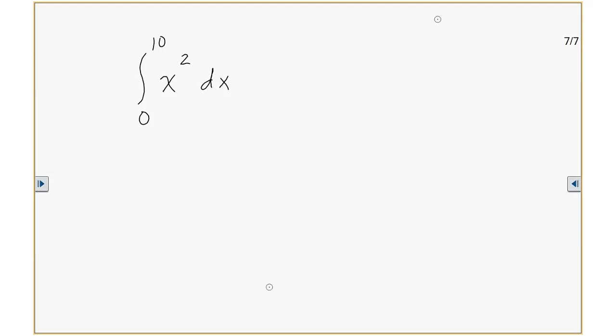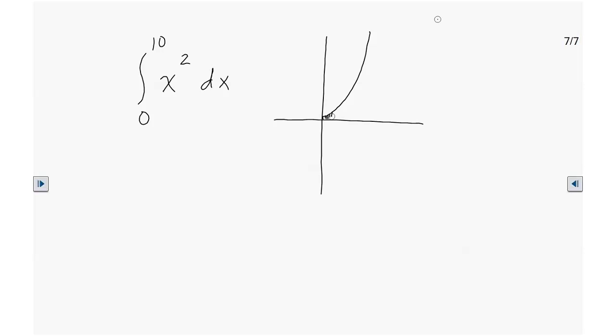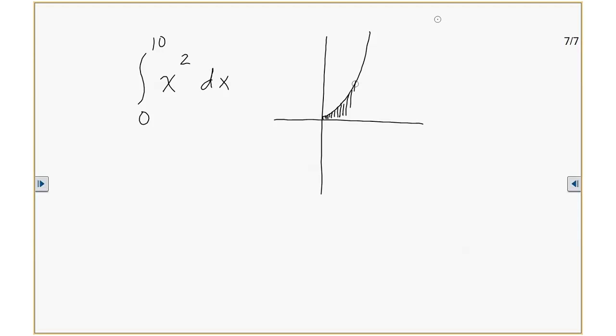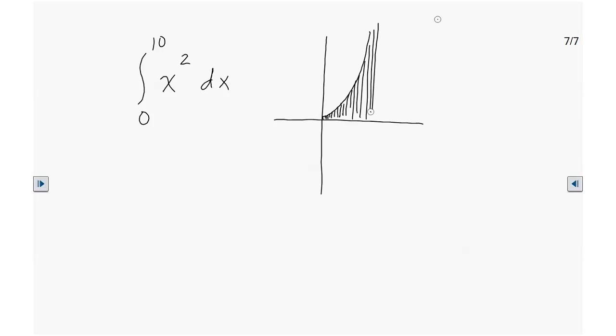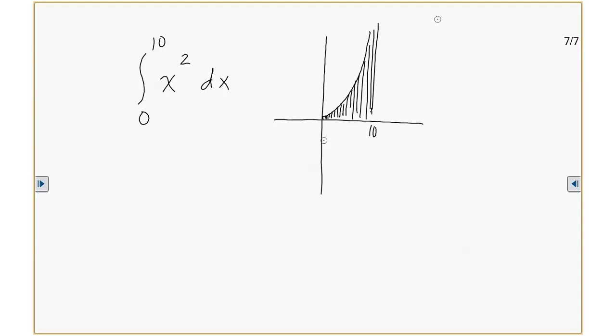What you do is you take the derivative, and the x squared looks like this. And the reason I don't care about the other side is because I've only asked you from 0 to what? 0 to 10. So we're going to find the area from 0 to 10.